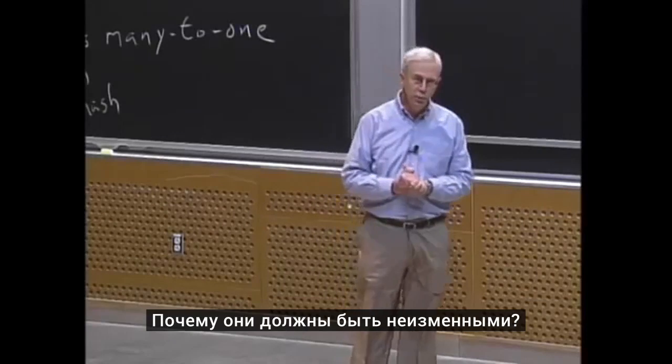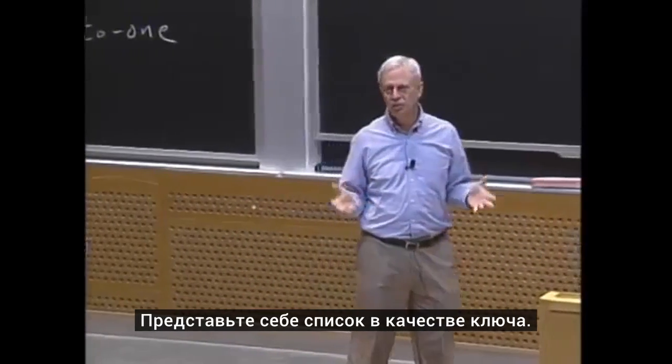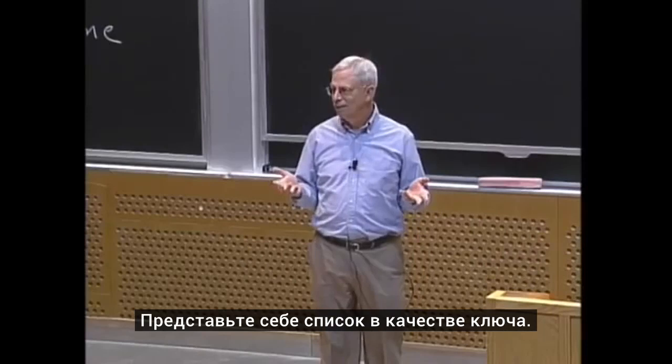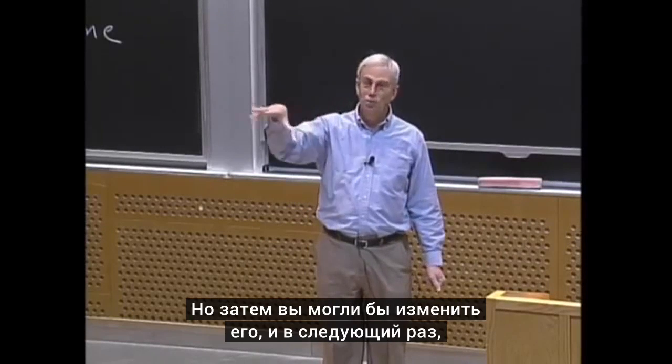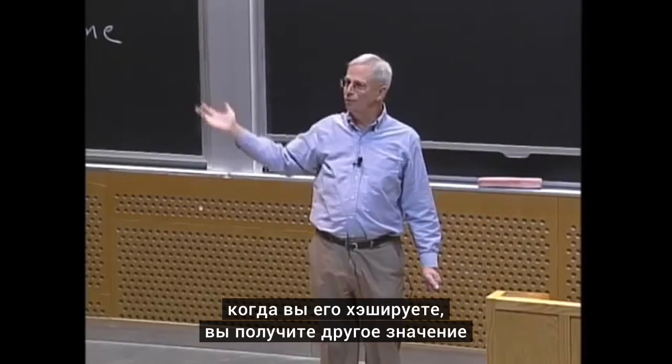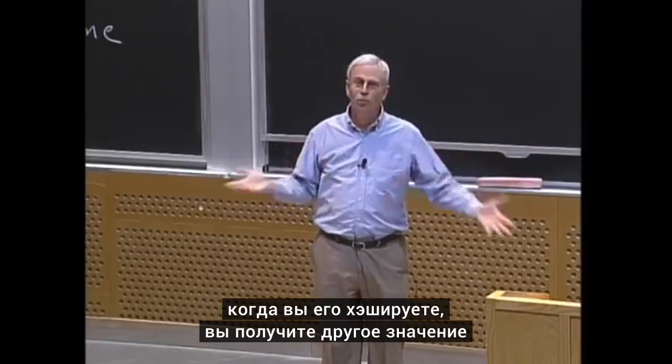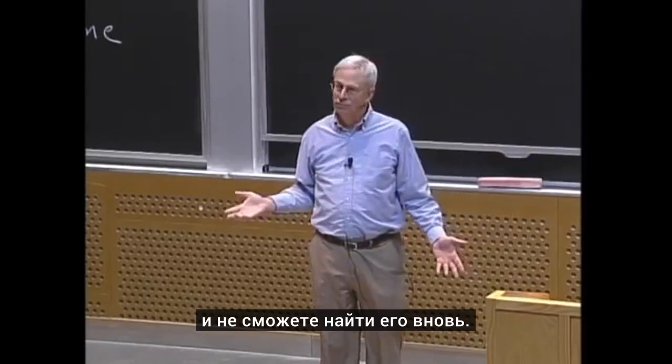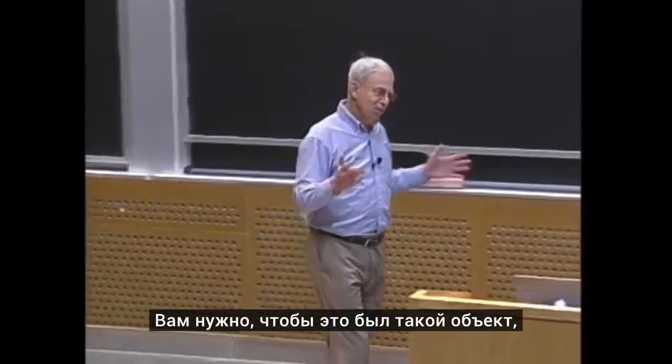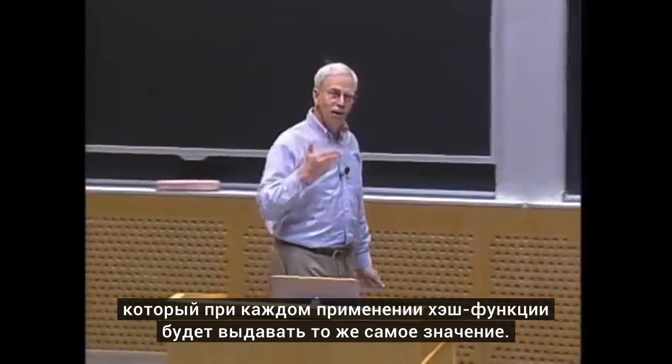Why does it have to be immutable? Well, imagine that you used a list as a key. You'd hash it when you put the list in the hash table, but then you might mutate it, and the next time you hashed it, you'd get a different value, and so you wouldn't be able to find it again. So you need it to be a kind of object where every time you apply the hash function, you get the same value.